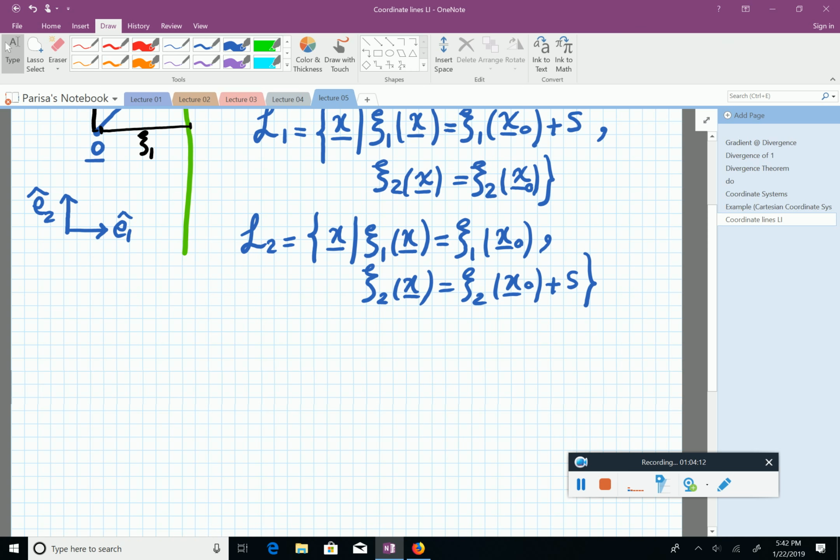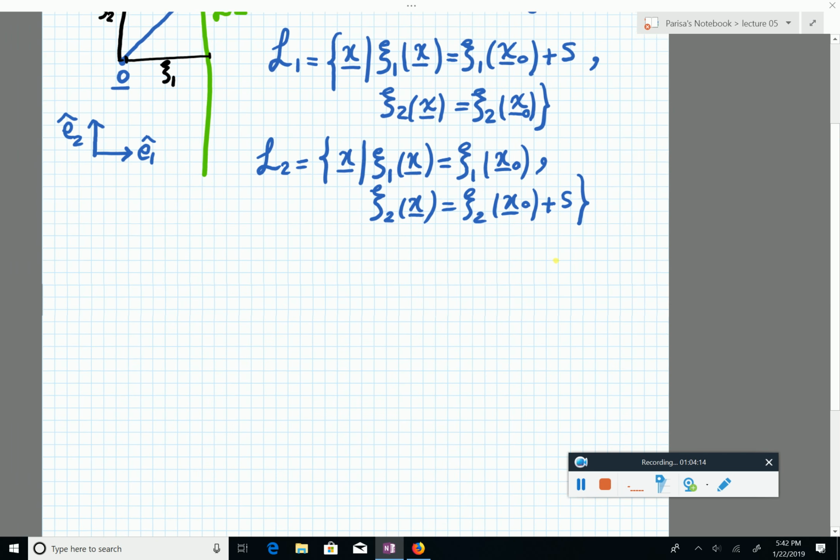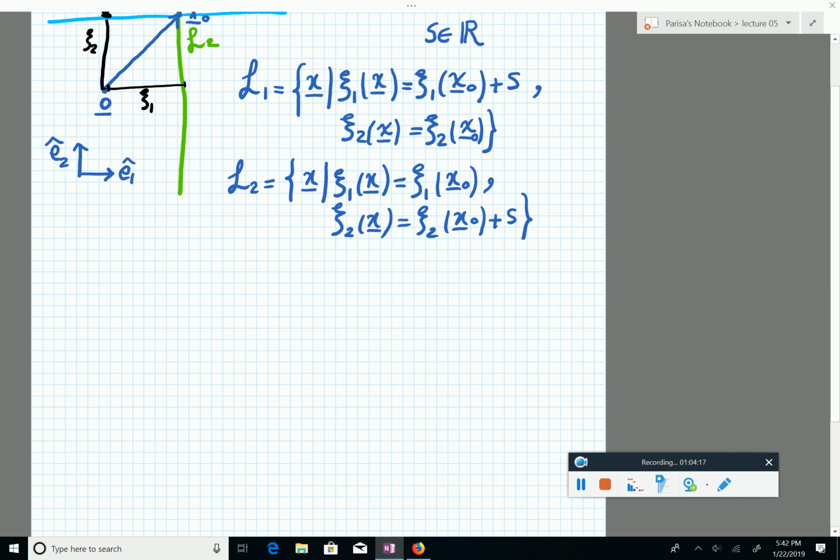Okay, now what we want to do is go towards calculating the gradient in different coordinate systems. So I again start with simpler functions, and then we go to vector valued functions. So let's first consider the coordinate function itself.